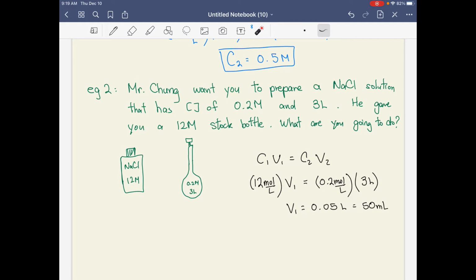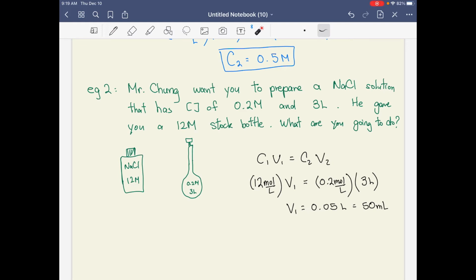But this is not the answer yet, because you're asked in this question what you are going to do. You're not going to just say 50 milliliters, because that's not what they're asking. You want to explain to the person who's asking you to do this what you are going to do.